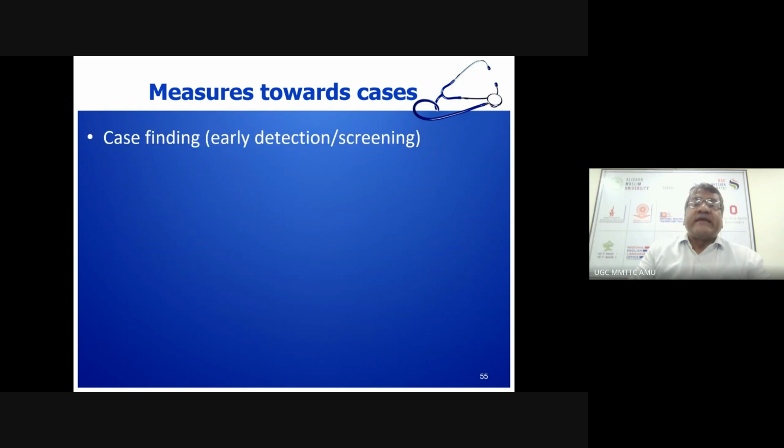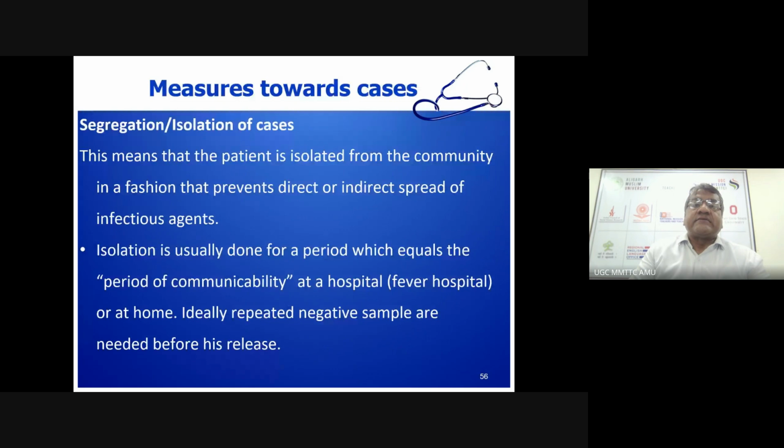Now, measures toward the cases are case finding, reporting, segregation and isolation of cases, treatment of cases, disinfections. Segregation and isolation of cases means that the patient is isolated from the community in a fashion that prevents direct or indirect spread of the infectious agents.